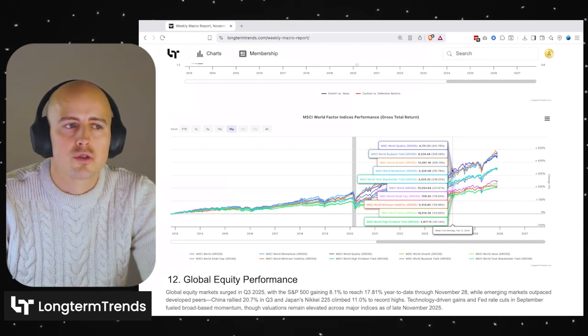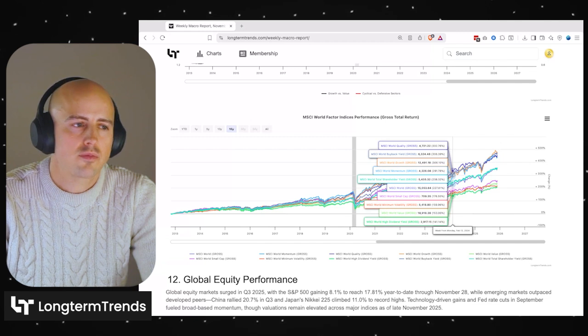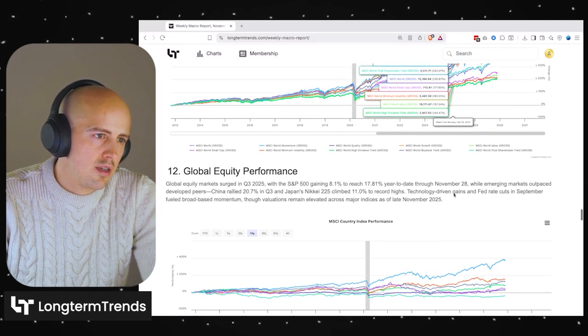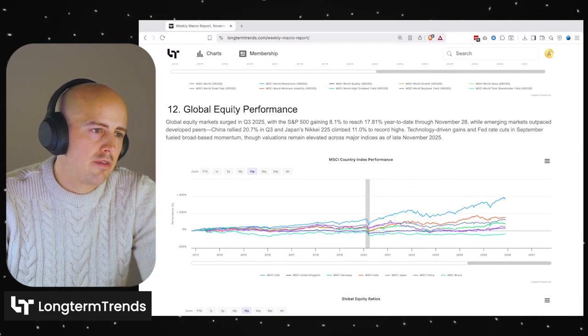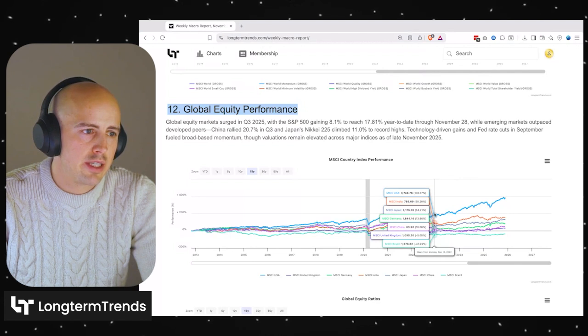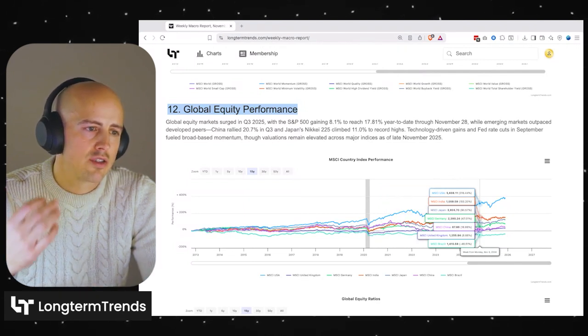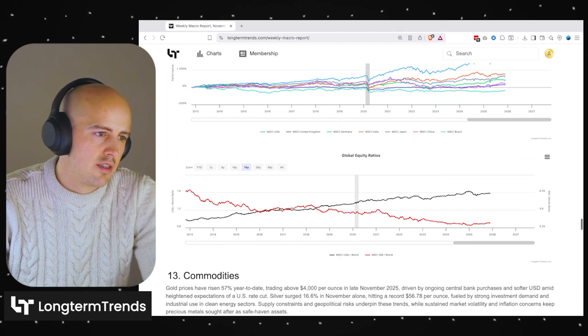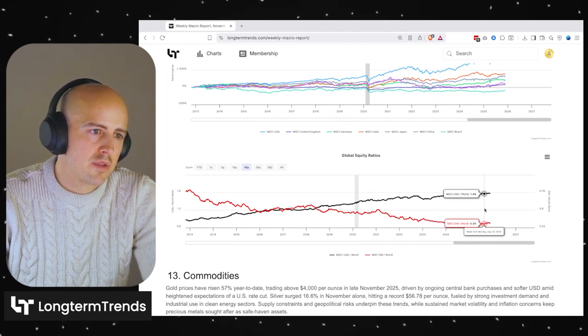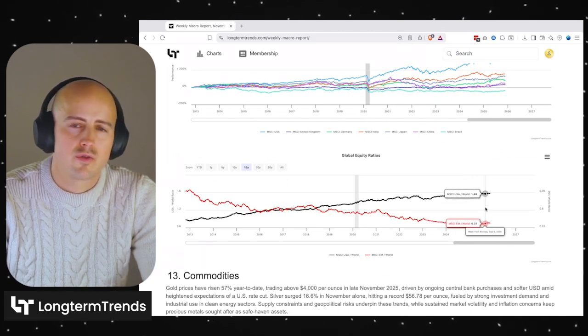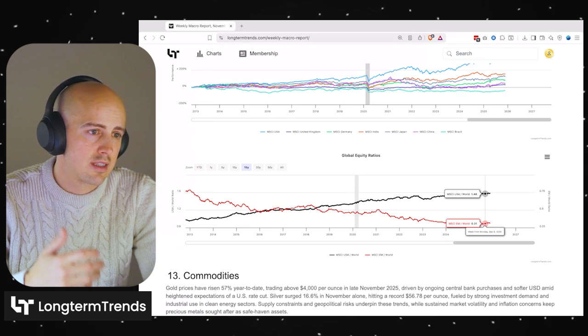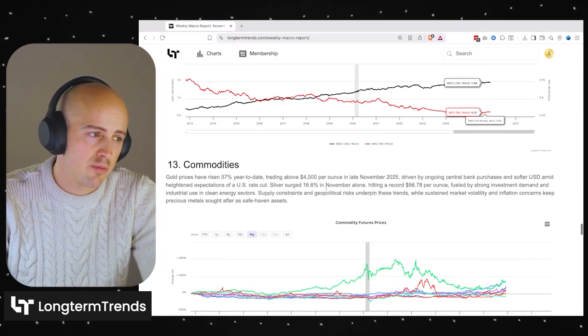This is growth, so this is total return. Then we have global equity indices, such as India, Japan, Germany, China, and so on. We have the ratio of the US stock market versus the world, and emerging markets versus developed markets.